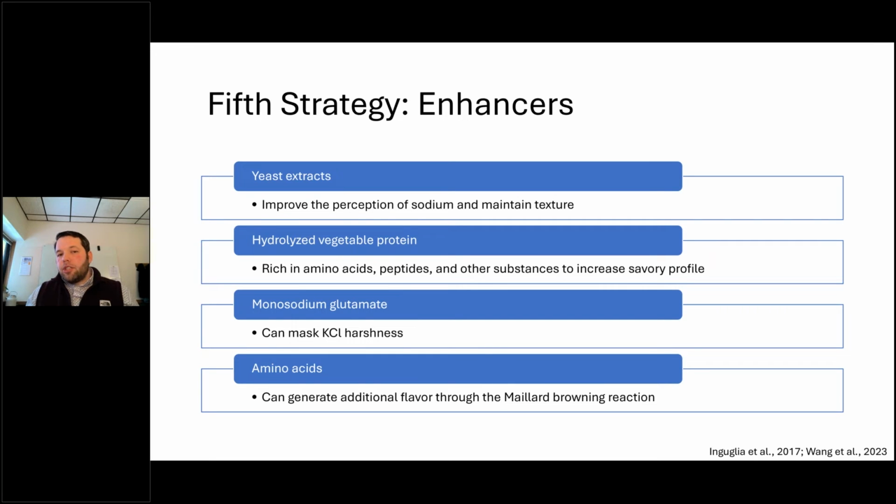And we can generate additional flavor via application of amino acids and flavor generation through Maillard reaction. Again, these are great for reducing salt, but something needs to come back in to compensate for microbial control, be that changing product parameters, utilizing another ingredient, or utilizing another technology.